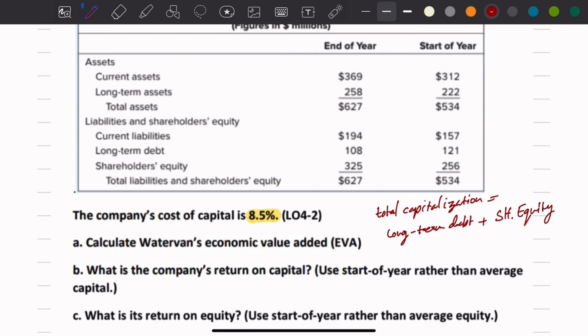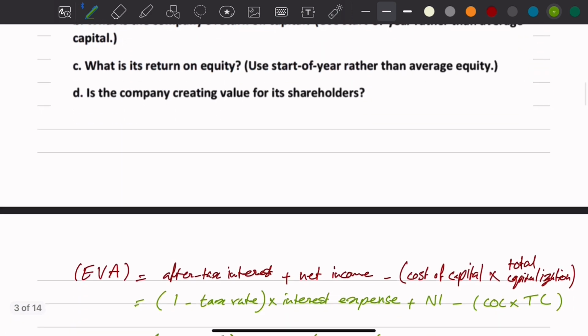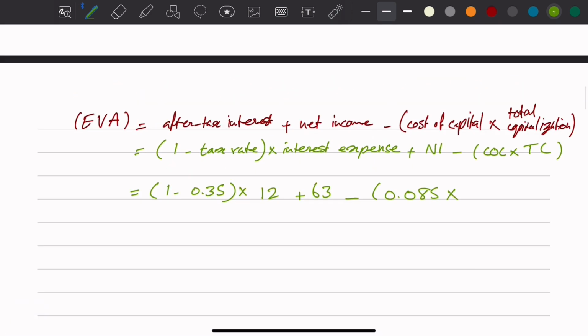So we'll go down here, 121 and 256. I'll open a new bracket, 121 plus 256.